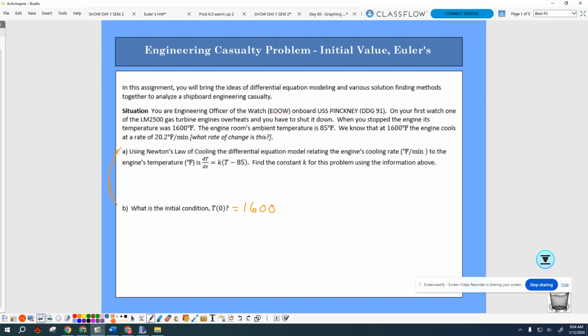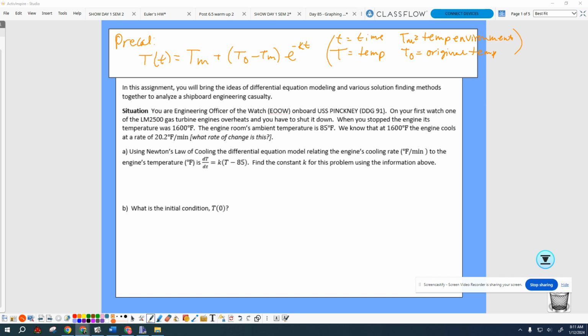20.2. I mean, it looks like it's not. But I feel like there's a way to show that. So from pre-cal, this is one form of how Newton's law of cooling can be written. T to the N, all the combination of things, temperature of the environment.